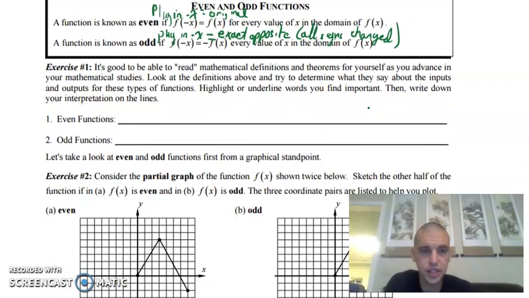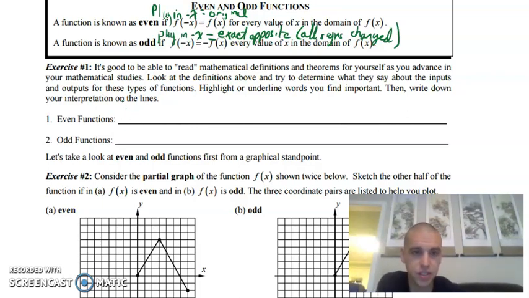If we look at exercise number 1, it's good to be able to read mathematical definitions and theorems as you advance into higher level mathematics. So we're going to look at the definitions above and try to determine what they say about the inputs. And I basically just did that for you, so you don't have to think, which is not a good thing.